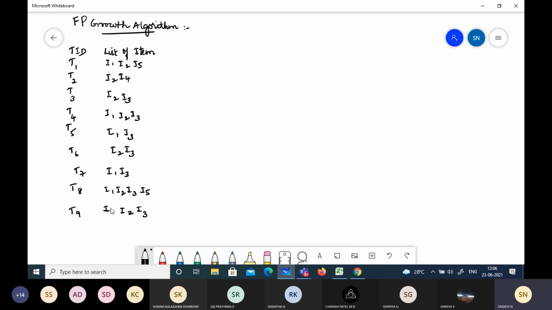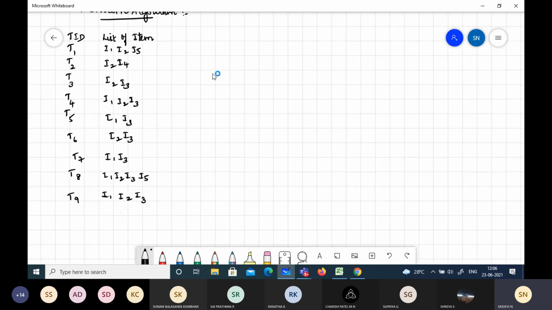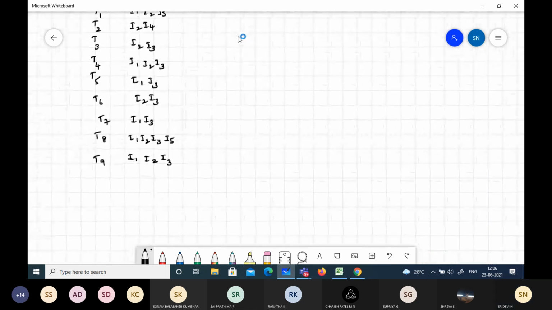So these were the list of items. It's the same problem which we had solved by using Apriori. Let's do it by using FP growth algorithm, by constructing an FP growth tree.